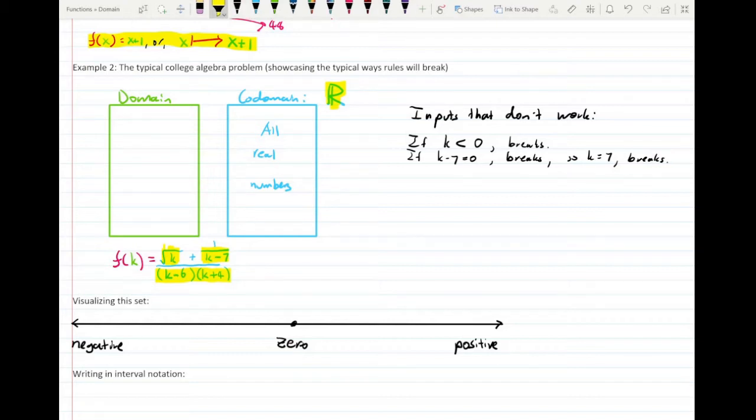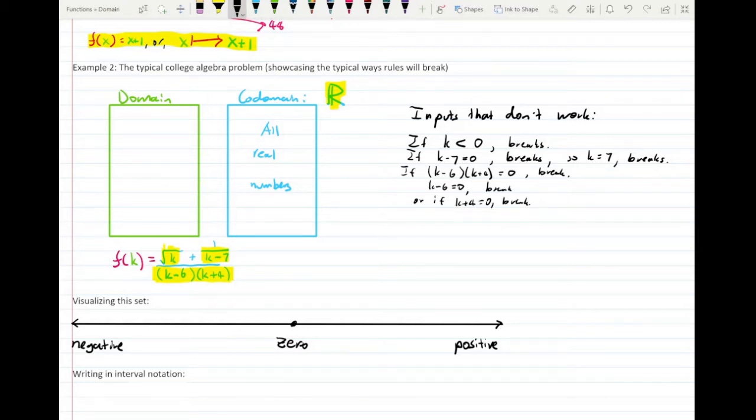And finally, our third breakpoint is this denominator right here. So we know that if k minus 6 times k plus 4 equals 0, we break. This is equivalent to saying that if k minus 6 equals 0, we break, or if k plus 4 equals 0, we break.